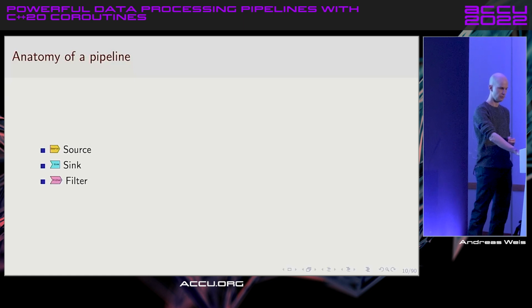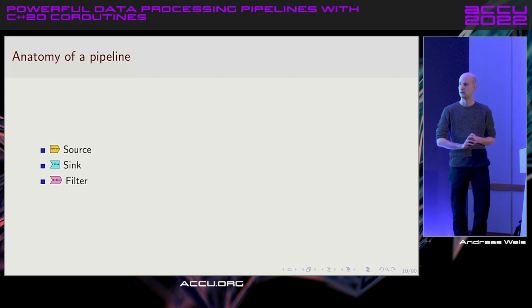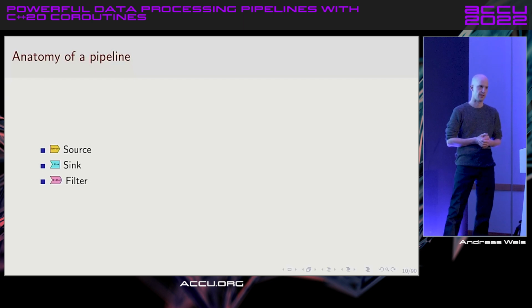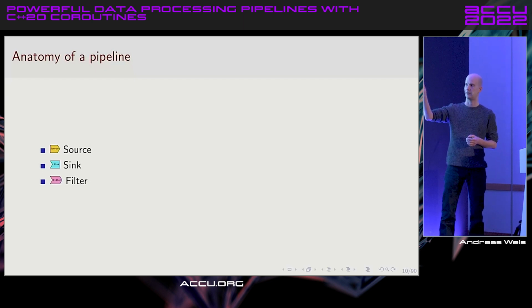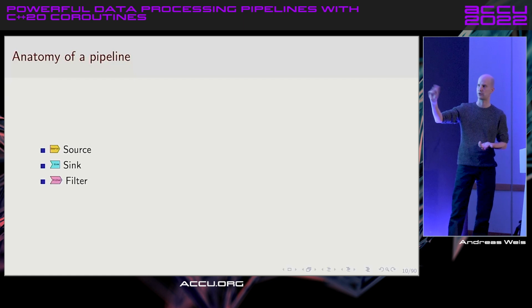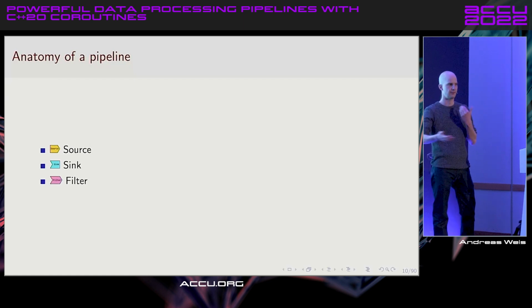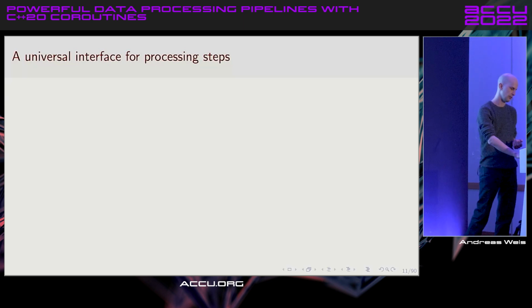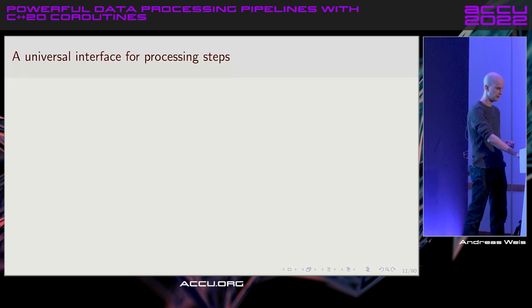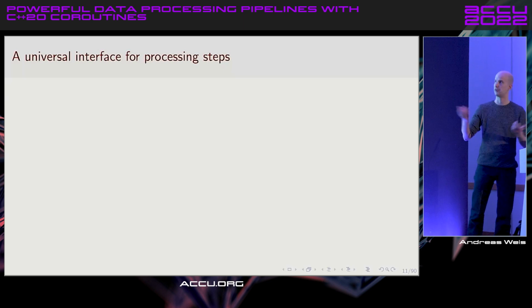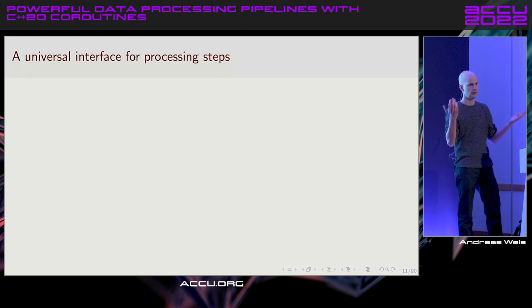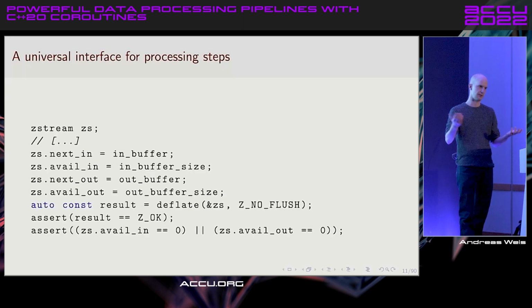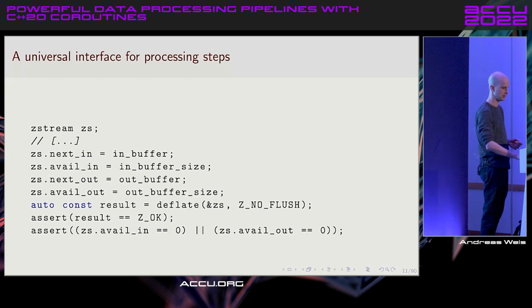So the first thing that I wondered about is, is there a universal interface for these things? Can I give a universal interface for a source or for a filter that will fit all of the possible things that I would want to put in there? The thing that I took for inspiration here is I looked at third-party libraries that perform tasks that could fit in such a step.